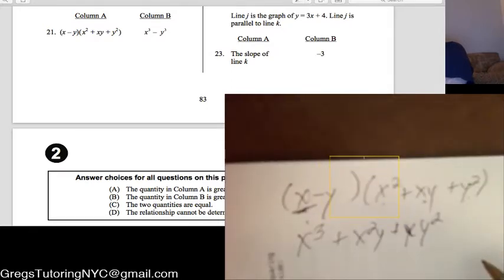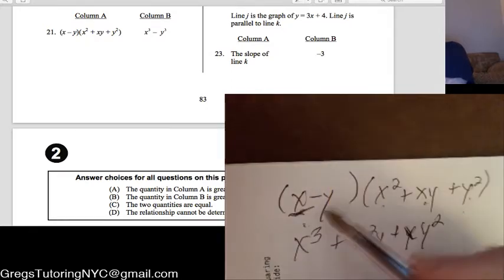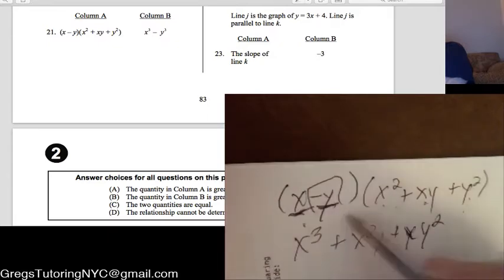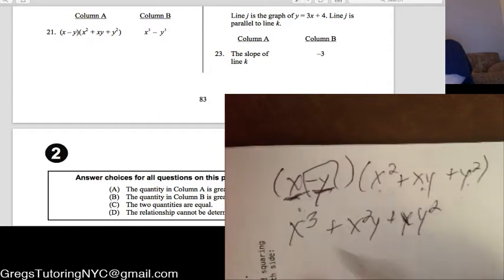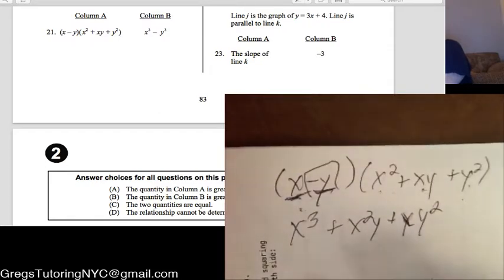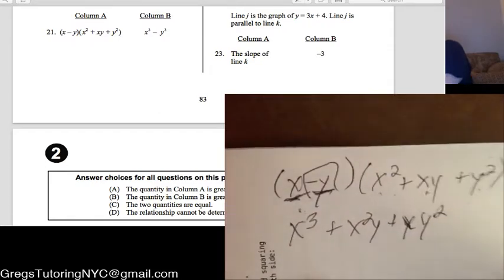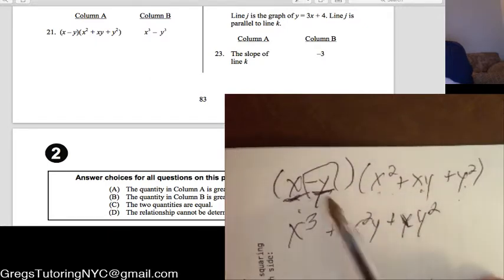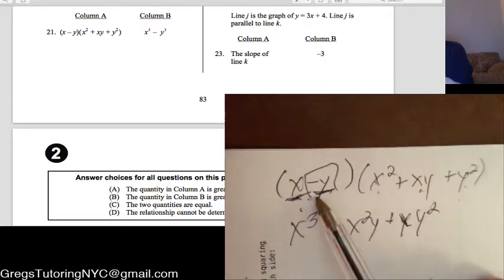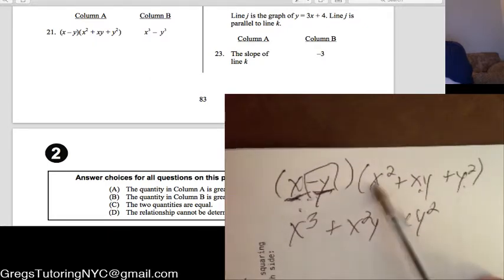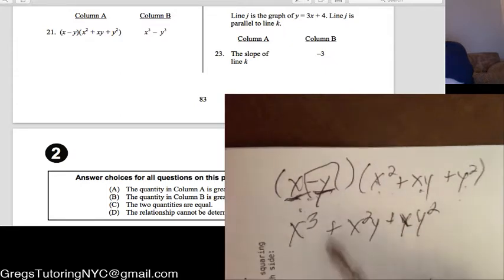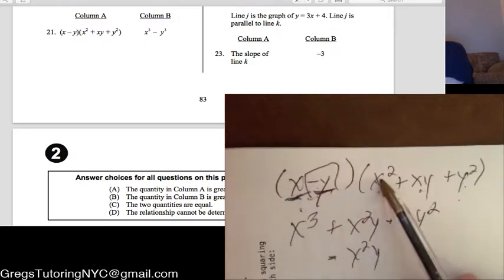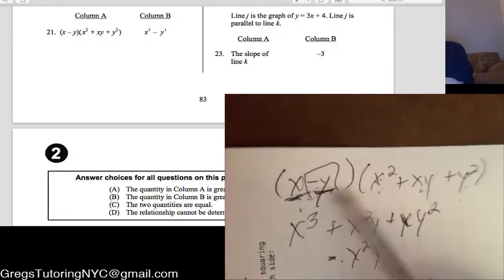All right? And now we're going to take minus y and do the same thing. I'm going to line these up in columns because at some point, if it's possible, we're going to combine like terms. So minus y times x squared is minus x squared y. We have minus y x squared, right, which is the same as this.